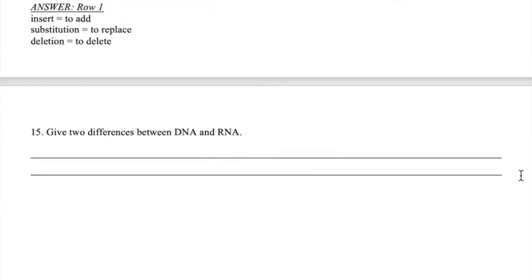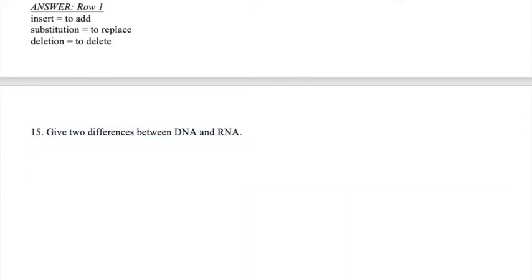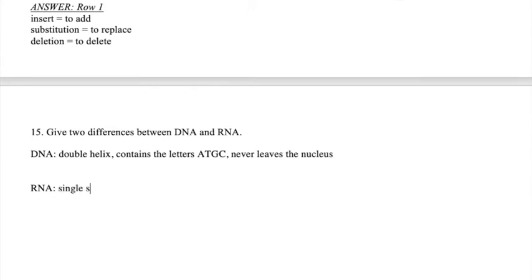All right, so we are down to the last question here. Give 2 differences between DNA and RNA. So DNA is a double helix, and it contains the letters A, T, G, C. It never leaves the nucleus. RNA, is it double or single? It's single-stranded.